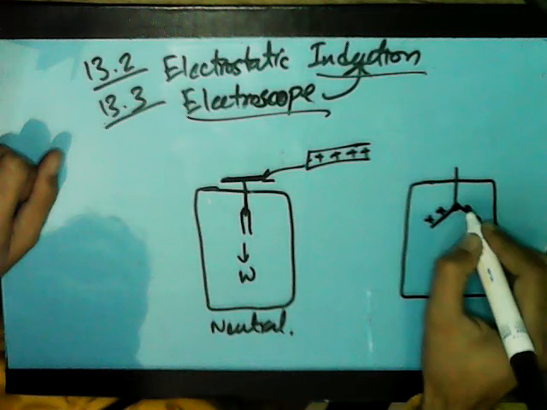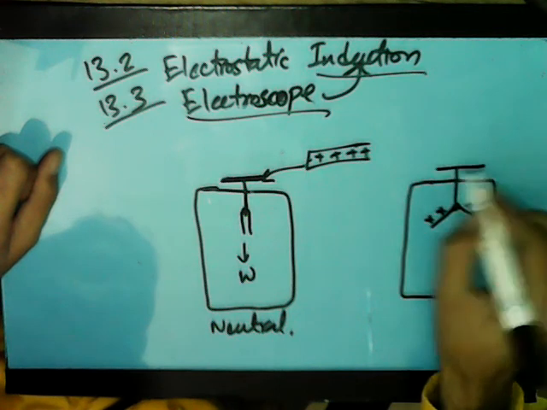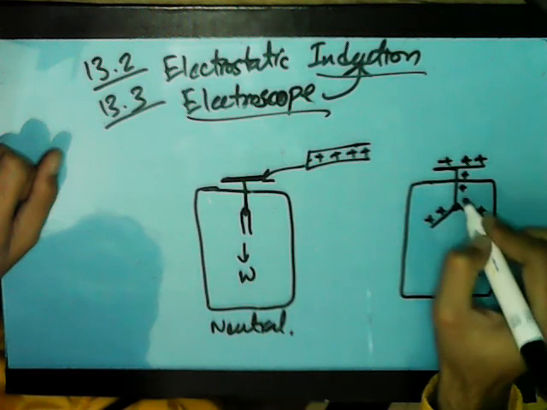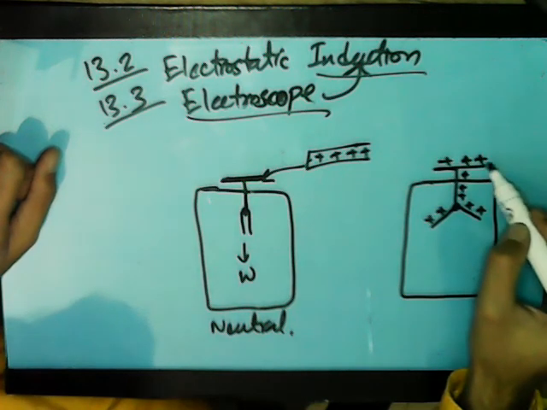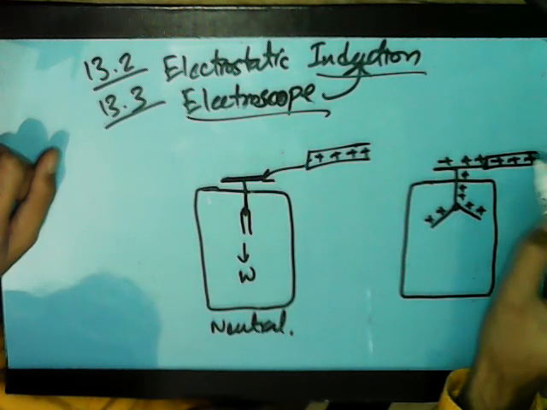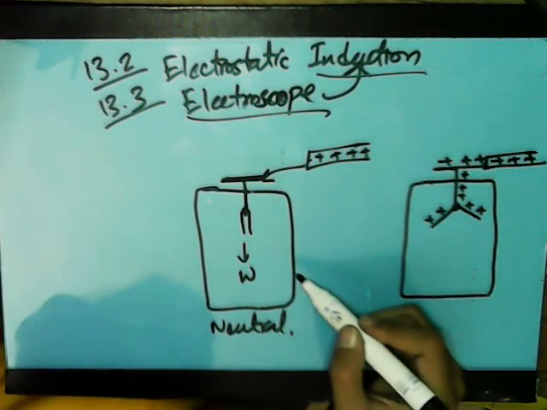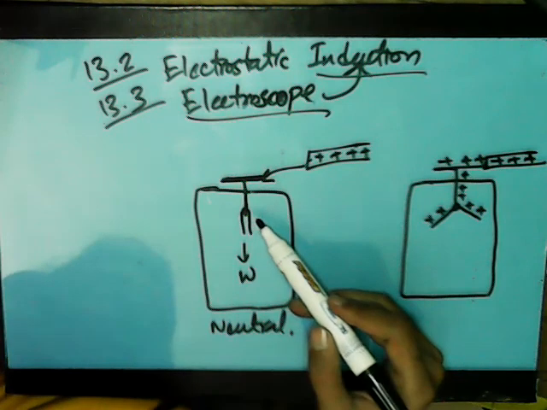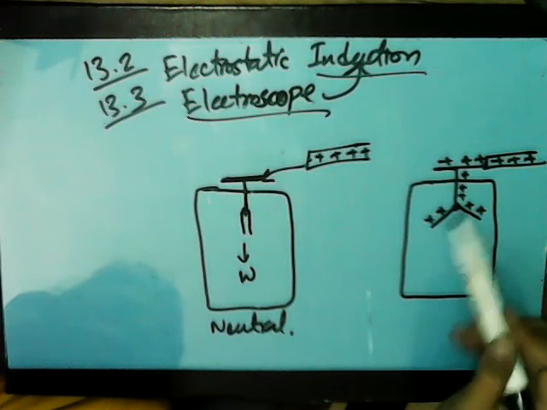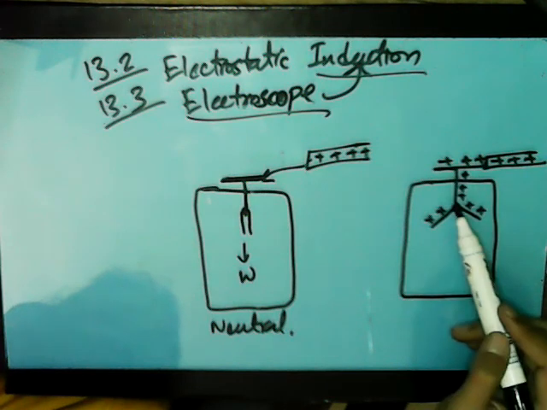Why? Because now they both have the same charges. The electroscope is now charged. I have charged this conducting point by touching it with my object, which was positively charged. Since the glass electroscope is neutral in the beginning, all the positive charges will flow into the electroscope, and this is a very small ground.